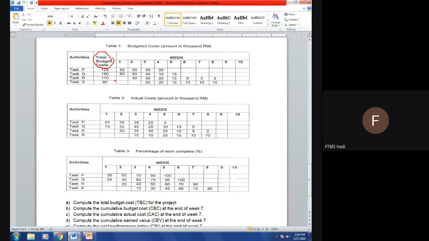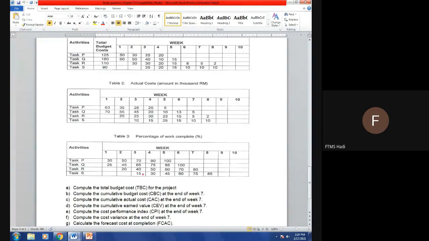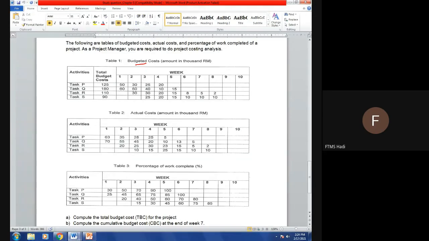Even though they give you the answers already, you still need to show the workings. So the first question is: compute the total budgeted cost for the project. If they're saying total budget, the keyword here is budget. Therefore, you need to refer to either budgeted, actual, or percentage, which means you need to refer to the budgeted ones.